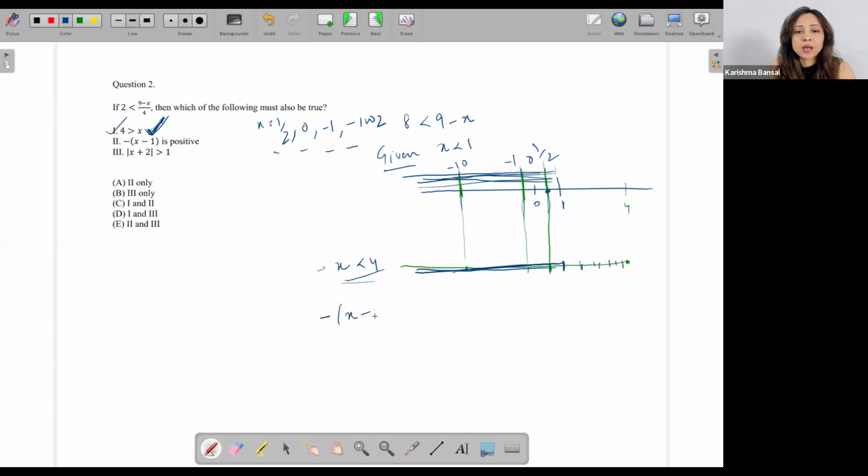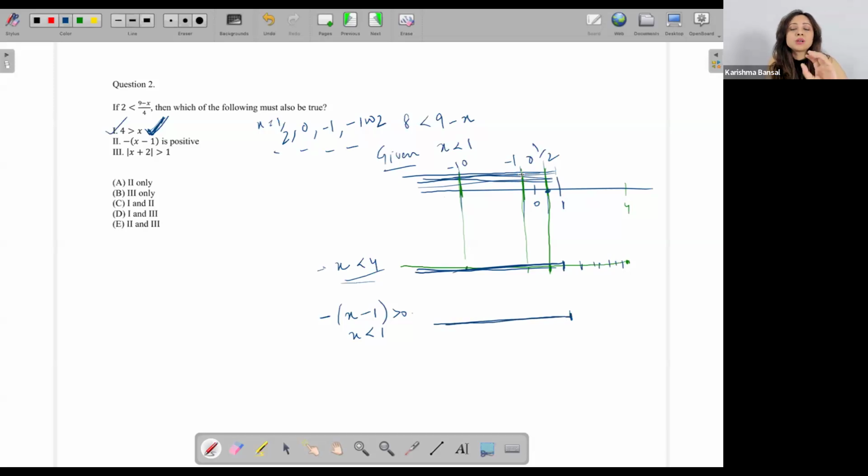Minus of x minus 1 is positive. Now, is this true? If I look at this, what is this? This is x is less than 1, right? Minus x over here, I take it to the other side, and this becomes plus 1. So I get x less than 1. What range is that? That is, of course, this entire range. Anyway, I have been given that my x is less than 1.